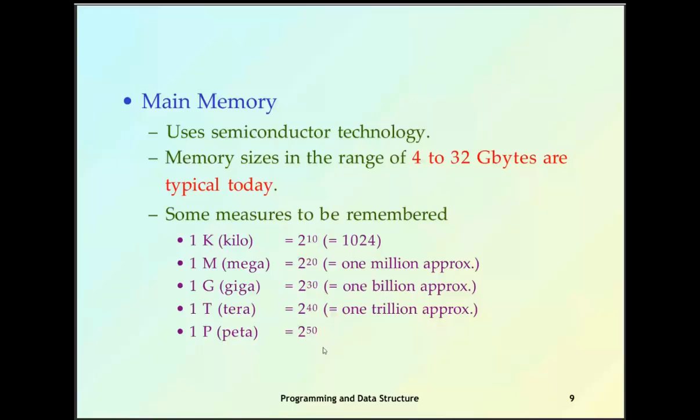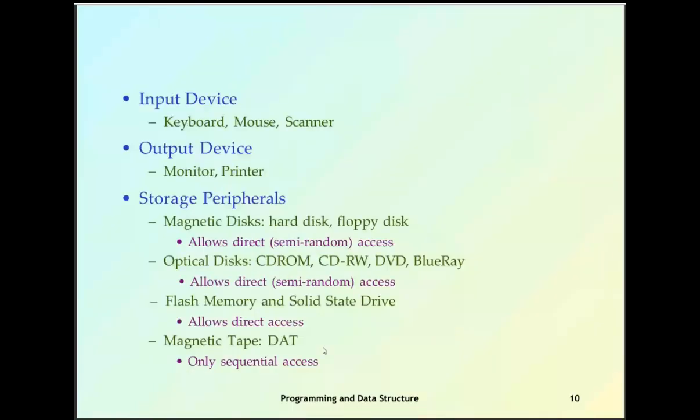Apart from your CPU, we have talked about the main memory. Now we are talking about the input devices, which are very easy to understand: all the devices through which we provide input to our system. It could be a keyboard, a mouse, or a scanner. You scan the document, and finally that document gets digitized and can be stored on our system.